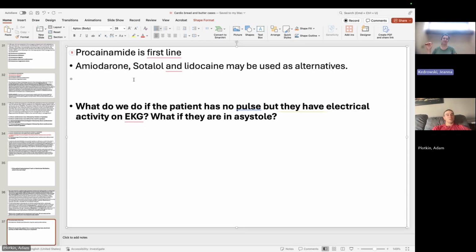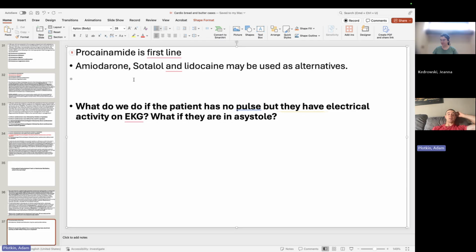So it's PFTs, TFTs, and LFTs, right? Pulmonary function tests, because it can cause restrictive lung disease from pulmonary fibrosis. We check liver enzymes because it can cause hepatocellular damage. And then we check their TFTs, their TSH and T4, because it can cause both hyper and hypothyroidism.